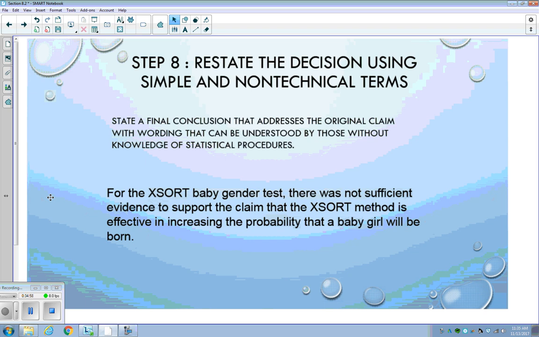So the way we can state our conclusion for the XSORT baby gender test: there was not sufficient evidence to support the claim that the XSORT method is effective in increasing the probability that a baby girl will be born. There is not sufficient evidence to support the claim, because the claim was you'll get a higher percentage of girls.